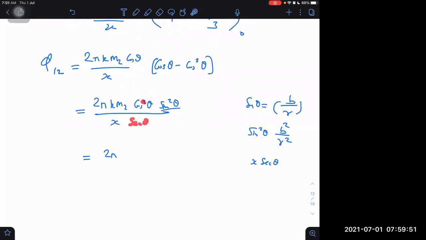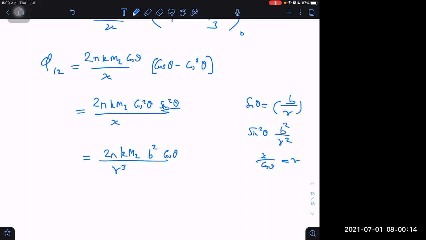One cos theta will remain here. And x secant theta I will put as R, or indirectly I am saying that x divided by cos theta, which is already there, I am putting as R. So we are getting R cube down below, 2 pi k into m2 upon R cube. And sin square theta is just B square by R square.